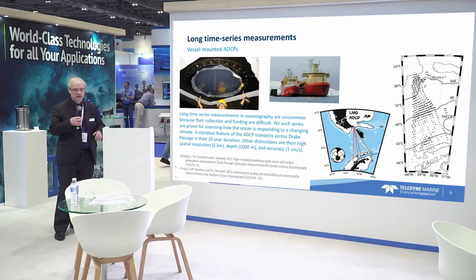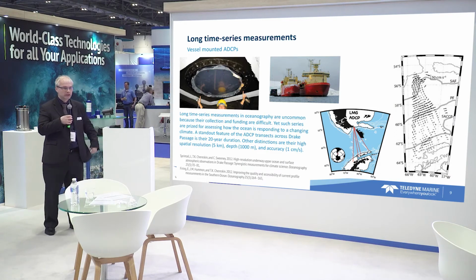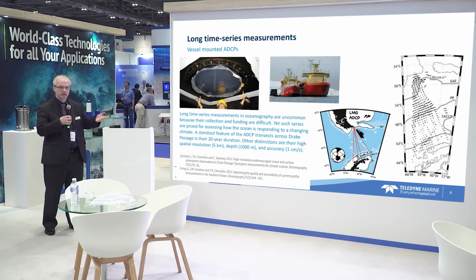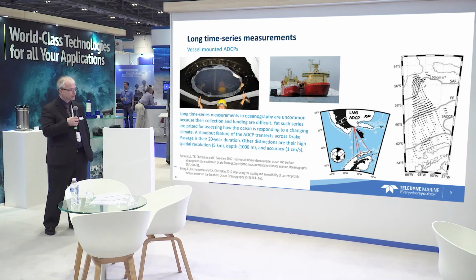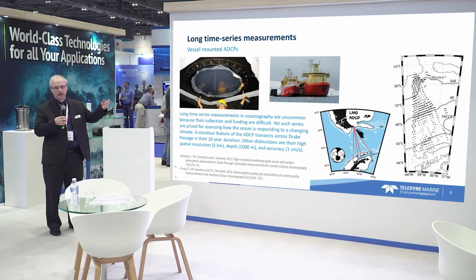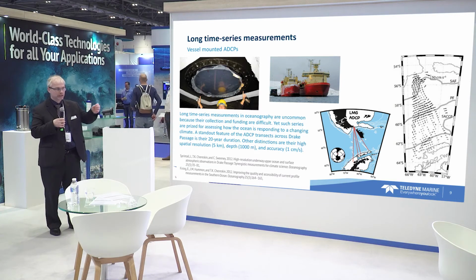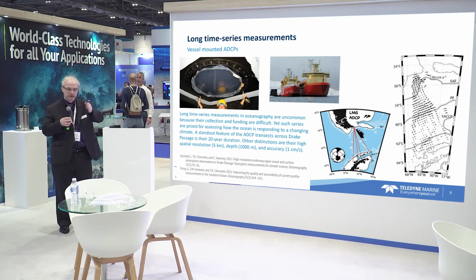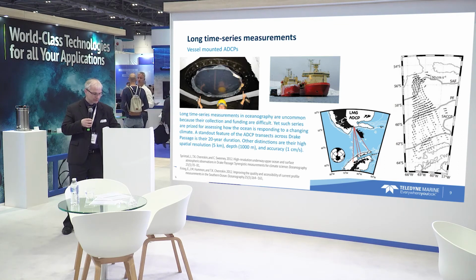So this is a data set not only very useful for the particular transect and application at a certain time, at a certain year, but because of the 20-year deployment, it is also possible to use it to look further into the development of the motion of the ocean water masses. So not just a snapshot in time, but looking at the development over time.